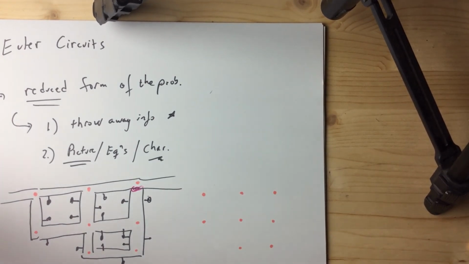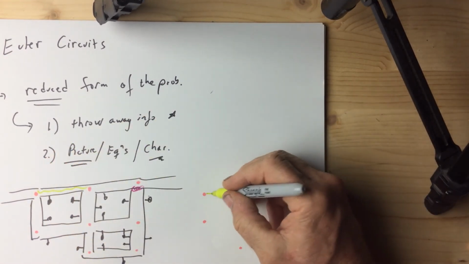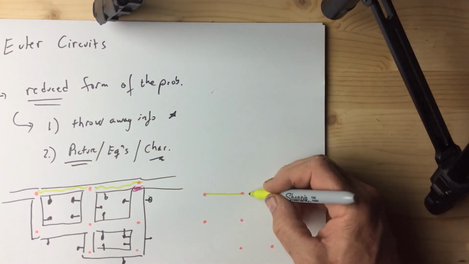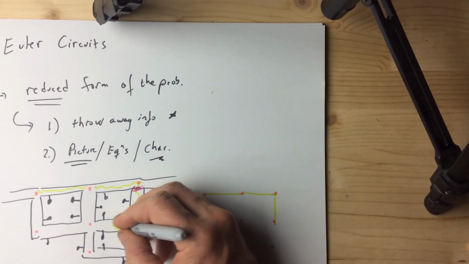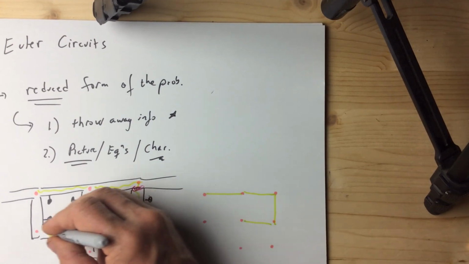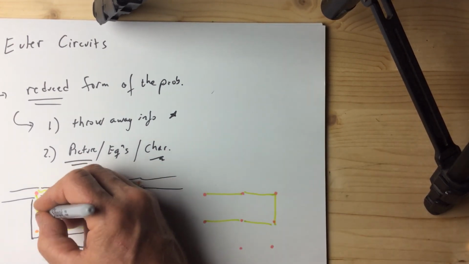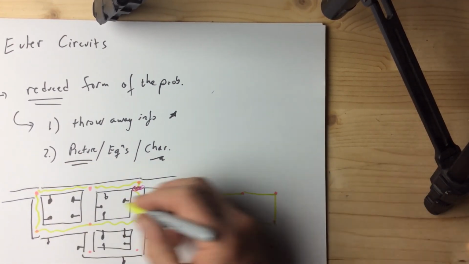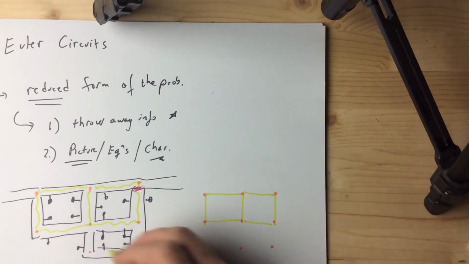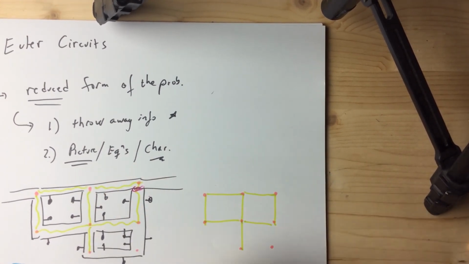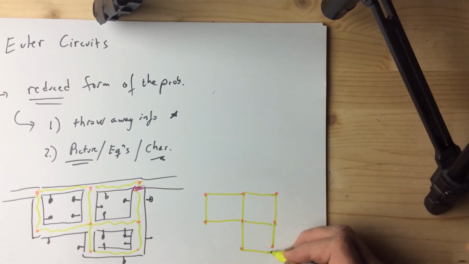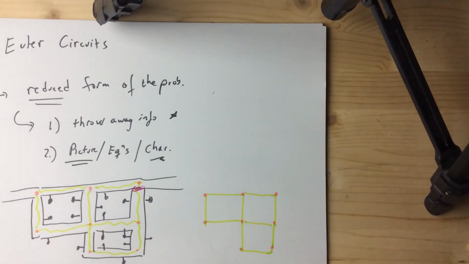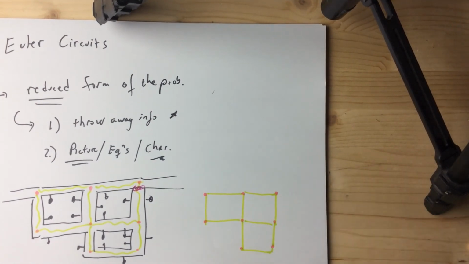And now the roads themselves, right here, right here, right here, here, right here, here, here, here. So I've reduced the map now to the following roads.